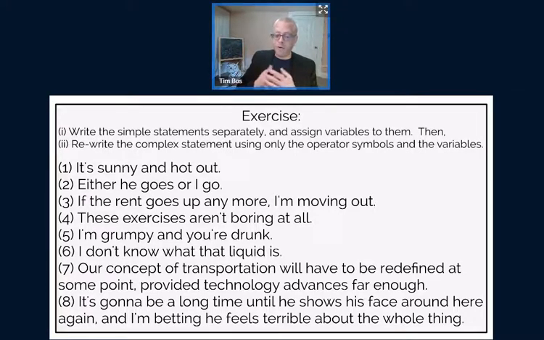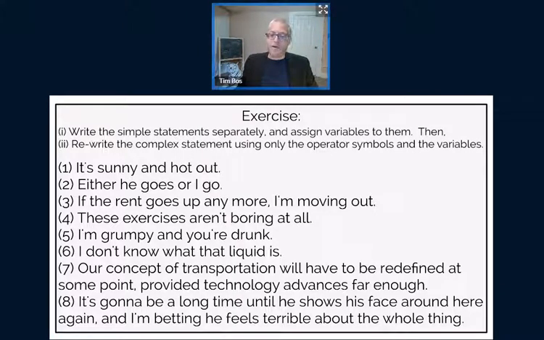Whenever you have any sort of "are not" or "isn't", it's a contraction involving not, so there's a negation there, even though it can seem hidden. These exercises aren't boring: it's negating the idea that they're boring by saying that they're not.